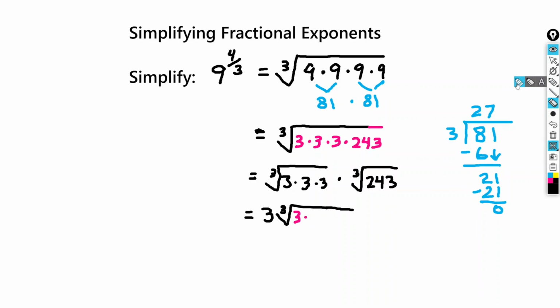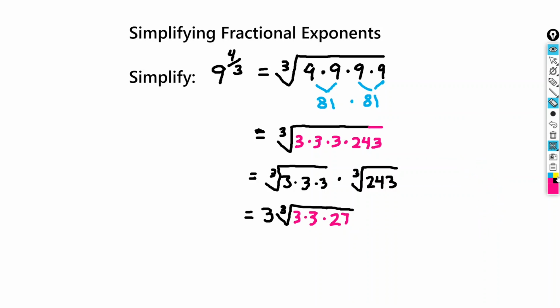So this is going to be 3 times 3 times 27. Okay, now 27 is 2 plus 7. That's divisible by 3. So we can keep going. I don't want a square root sign. I just want the division symbol.